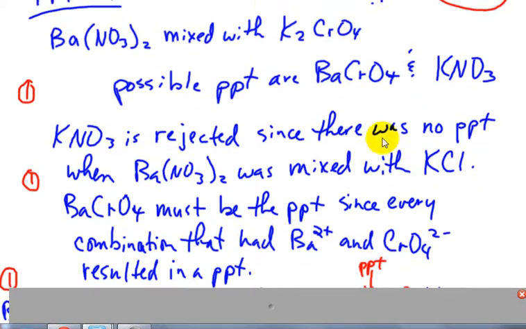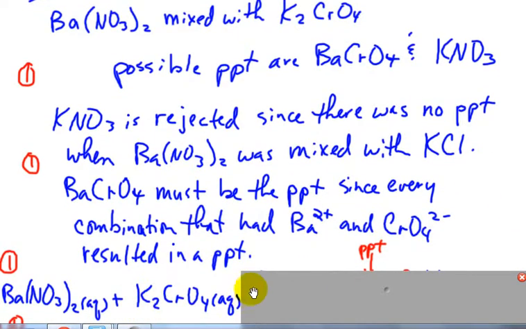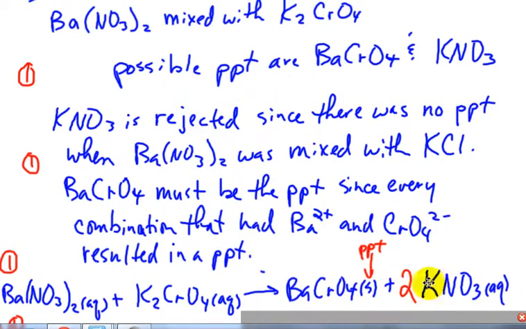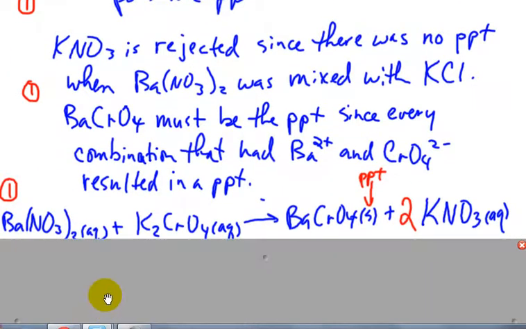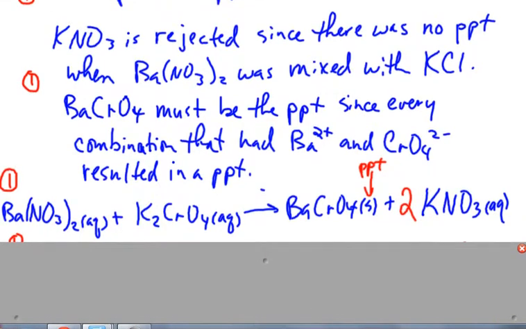Okay, so the follow-up here, barium nitrate with potassium chromate. Barium nitrate with potassium chromate came together and made barium chromate and potassium nitrate. So there we have to write the balanced chemical equation. Of course I know that barium chromate is the precipitate, so I write a little S there, whereas everything else is AQ, AQ, AQ. And of course 2 potassiums, 2 nitrates, so I have to use that 2 there to balance it out.